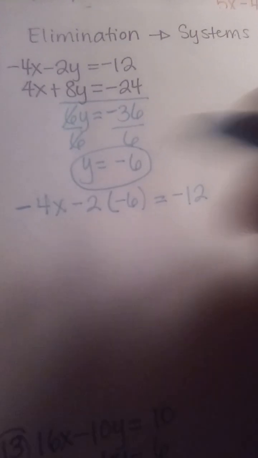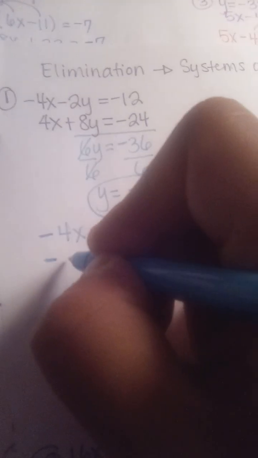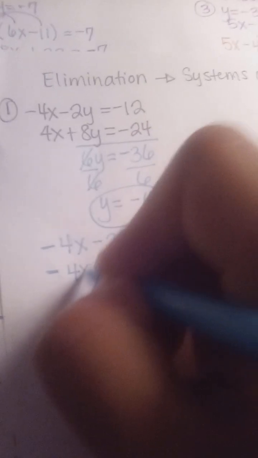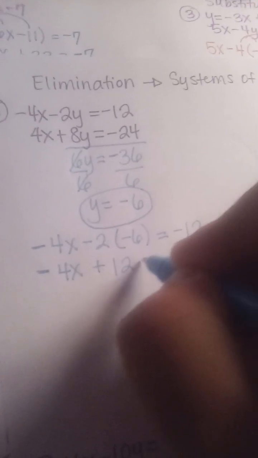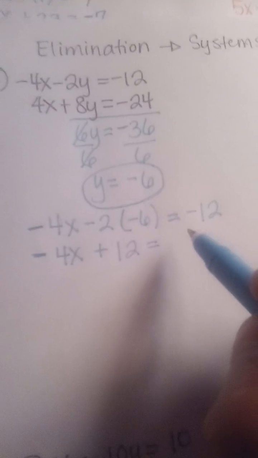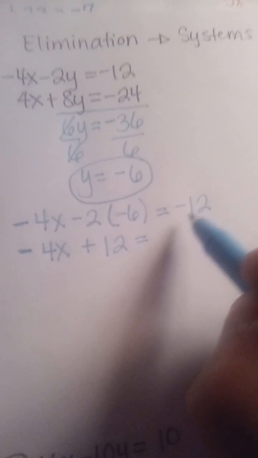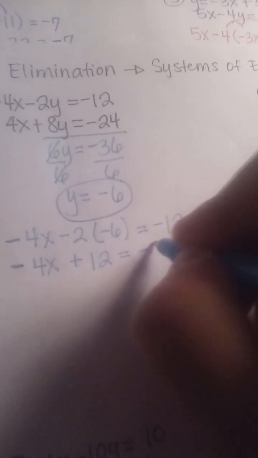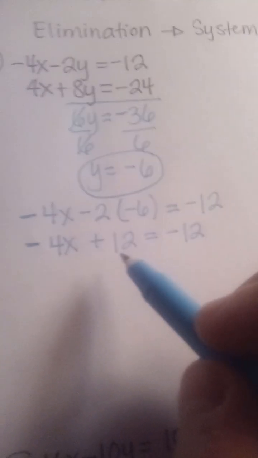All right. Then I'm going to multiply these two numbers, the negative 2 and negative 6. That gives us a positive 12. Then we do the simple arithmetic.